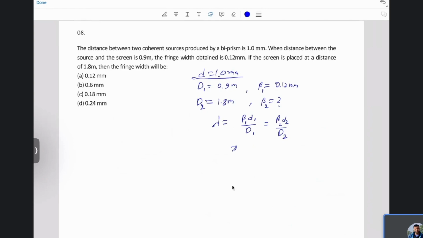So we know beta 1, D1 and D2, and d is the same, so this will get cancelled.